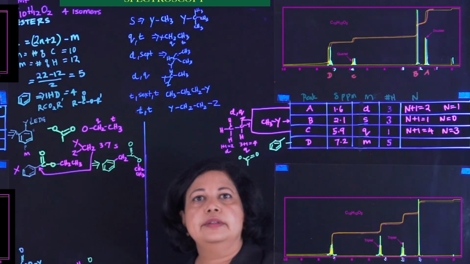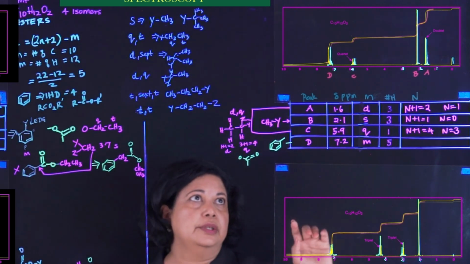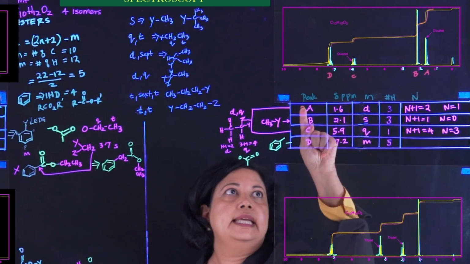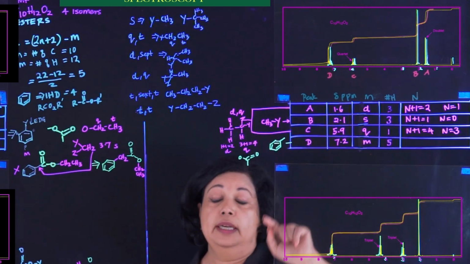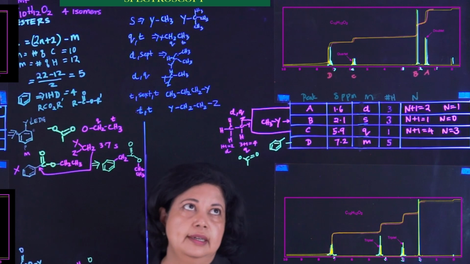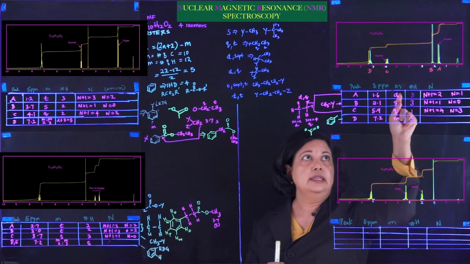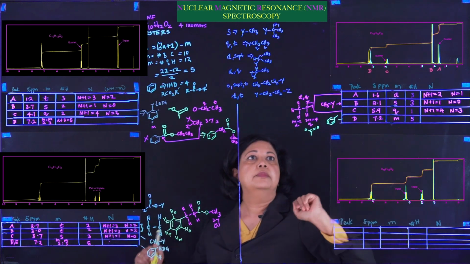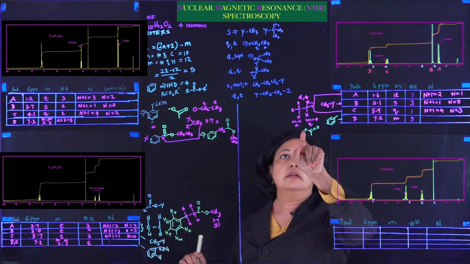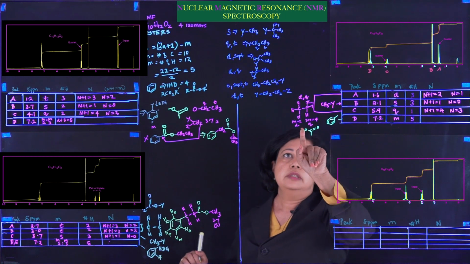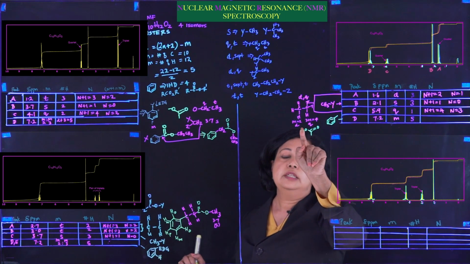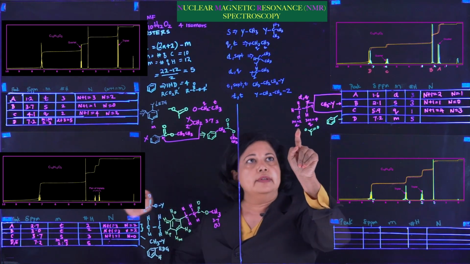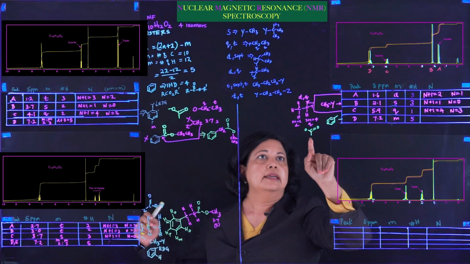Let's look at the delta values. 1.6 and 5.9. So one is very shielded and one is very de-shielded, doublet quartet. So, well, the most de-shielding part of the molecule is the oxygen. Putting it on the oxygen is typically more than about 3.5 and above, depending on what else is there.